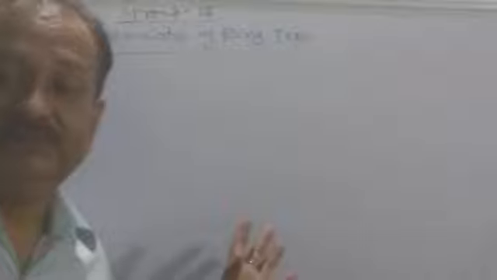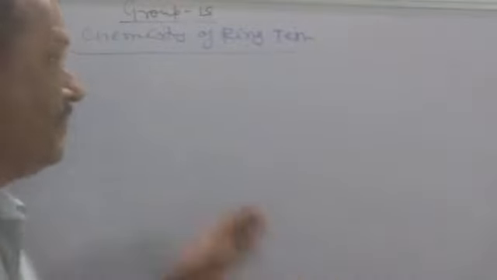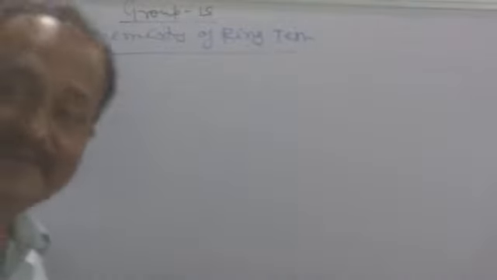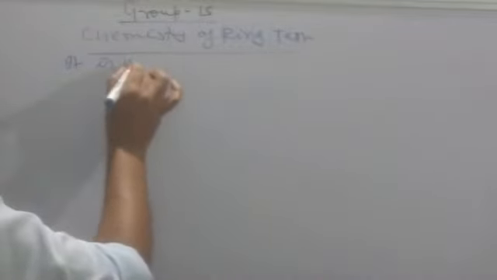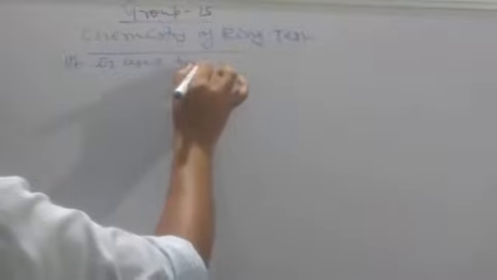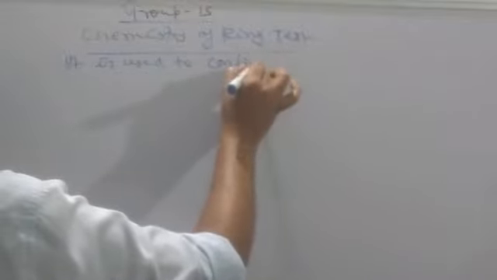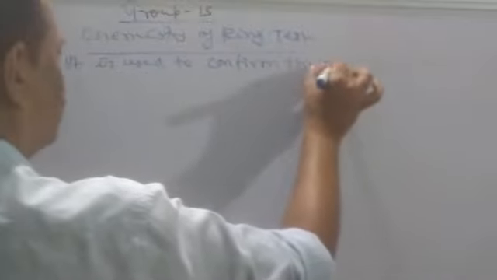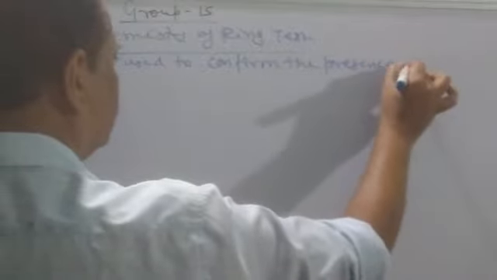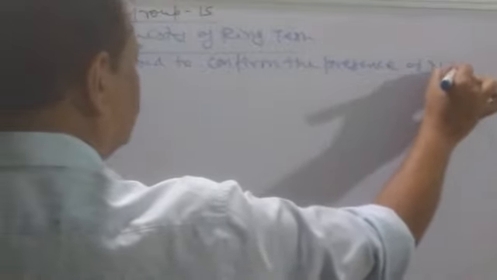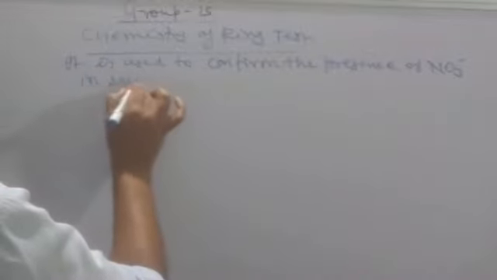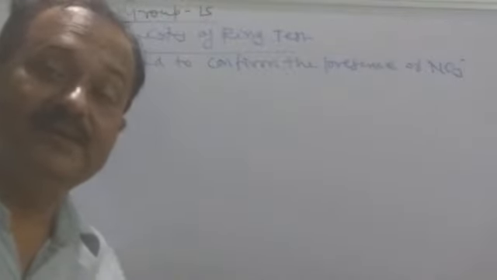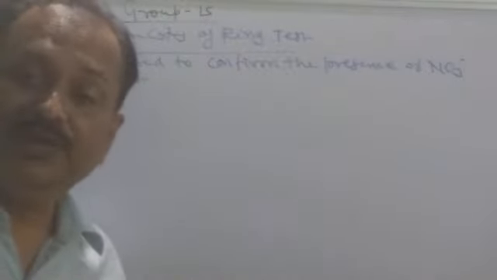Now one more point related to nitric acid is the chemistry of the ring test. The ring test is used to confirm the presence of NO3 in a salt. Nitrates are confirmed, and nitrates give rise to NO2.